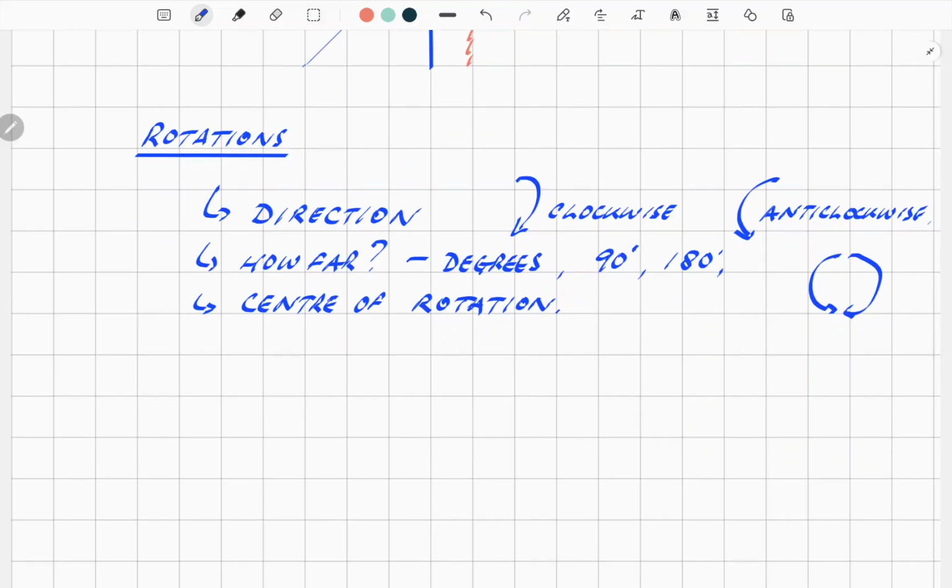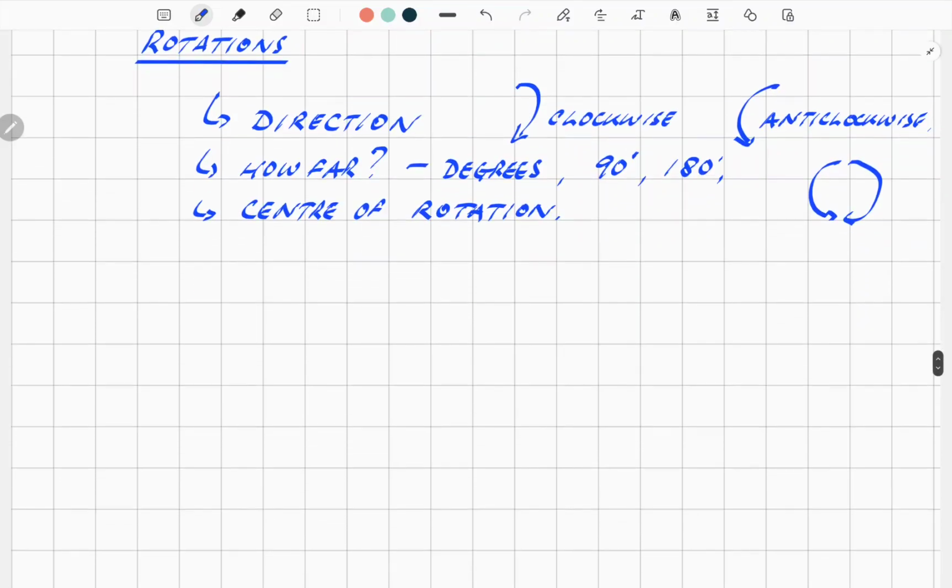Sorry about this reflection here. So let's take an example. Imagine I've got, again, my favorite triangle. My triangle there, and I want to rotate it.